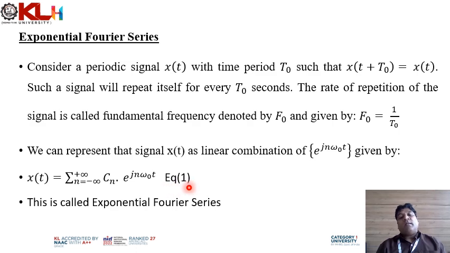This is called the synthesis equation. So we are able to write the periodic signal x(t) as the summation, n going from minus infinity to plus infinity, c_n e^(jnω0t). Here c_n is called the Fourier series coefficient.